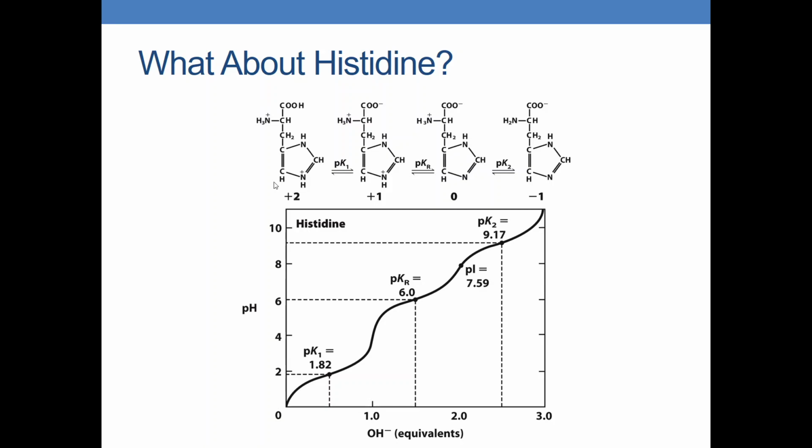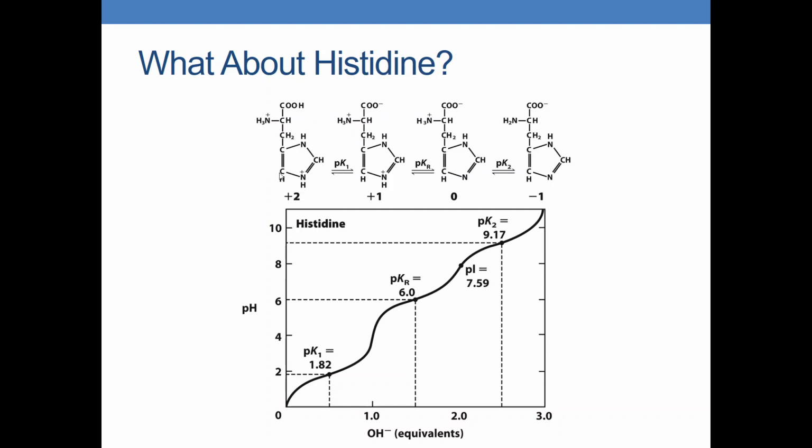Here you have a population that is 50% fully protonated acid, and 50% conjugate base, where the only difference is the protonation state of our alpha carboxylic acid. Now in this example, when my pH equals 1.82, I have 50% this, 50% that.